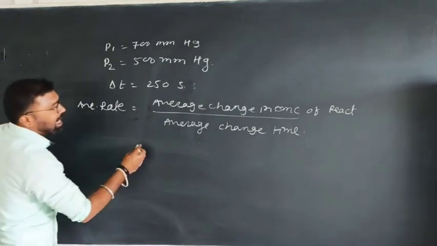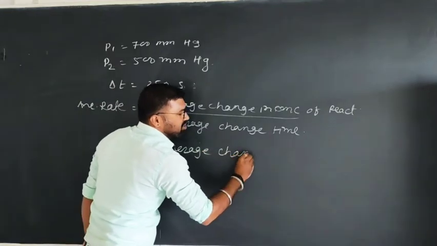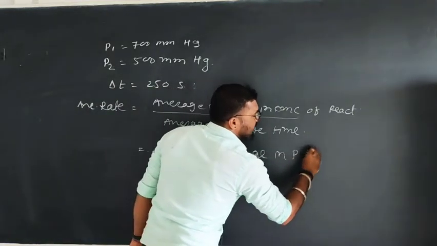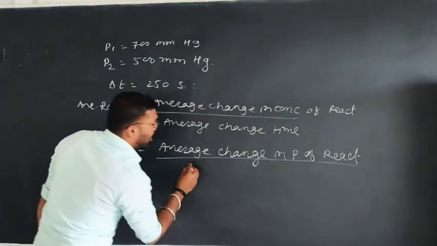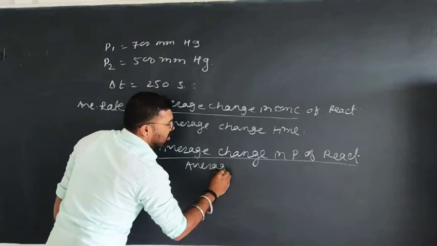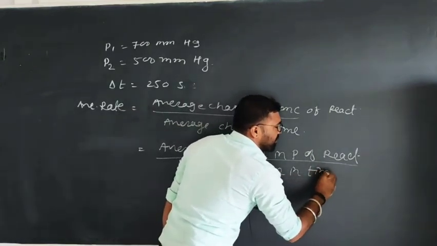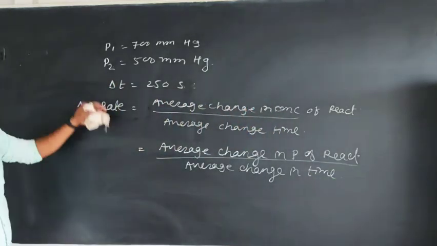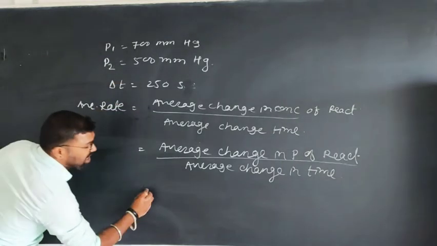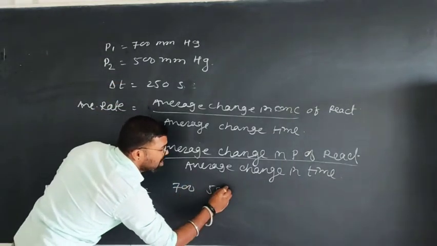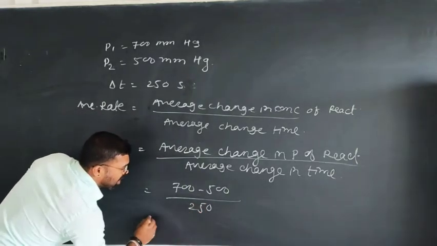Now I can write average change in pressure of reactant divided by average change in time. What is the average change in pressure? It falls from 700 millimeter of Hg to 500 millimeter of Hg, divided by 250.